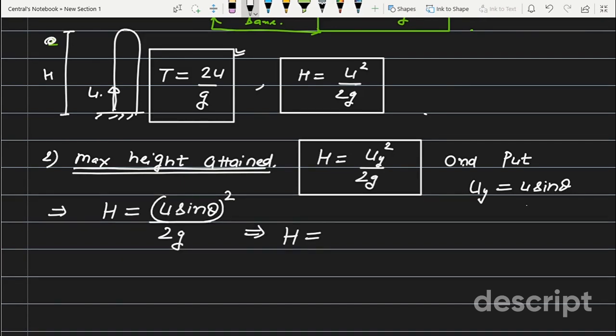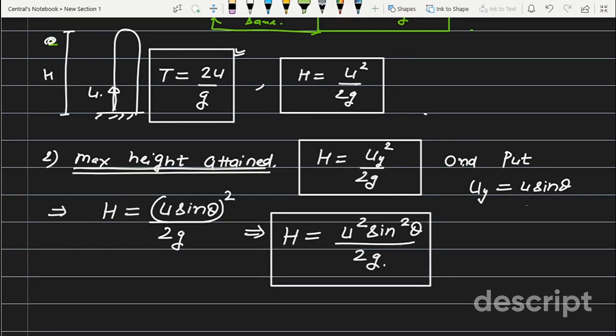Hence maximum height is u square sine square theta by 2g. However, both these formulas are the same. Remember any one or both, your answer will be the same. These two are the same formula.